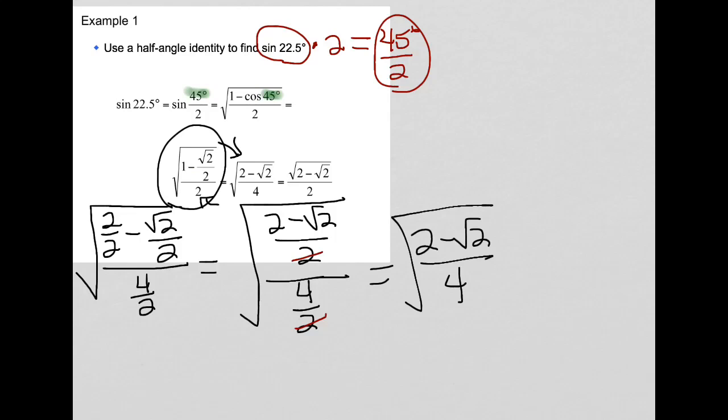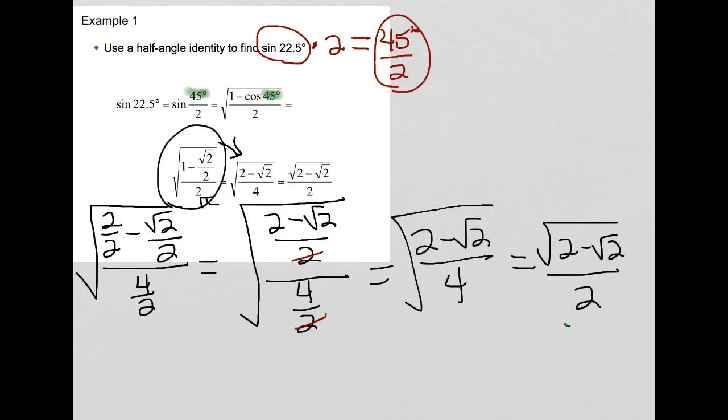And of course the square root of that. And your final step is to take the square root of that denominator, because we do want to rationalize this denominator. And fortunately, 4 is a perfect square, so I can just write 2 in my denominator. And my numerator is 2 minus the square root of 2. And I do not need to rationalize my denominator.